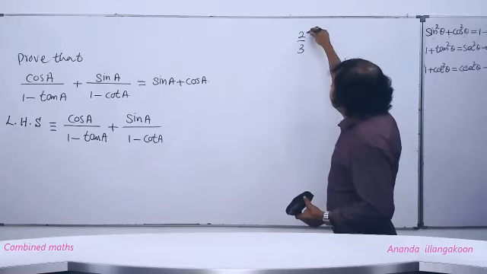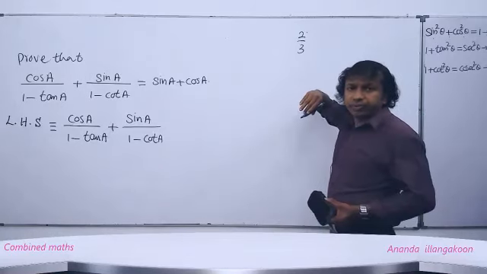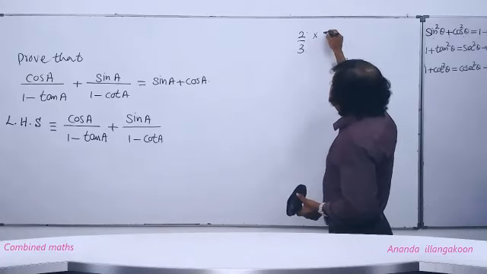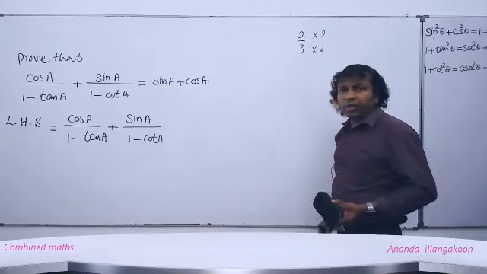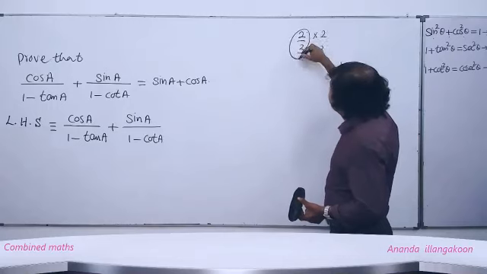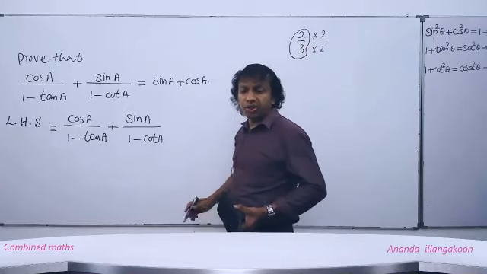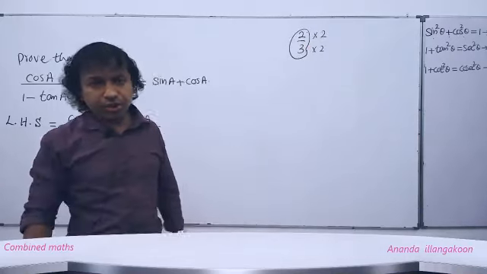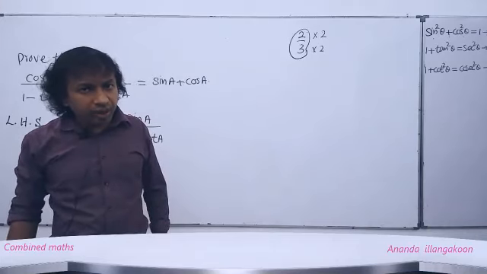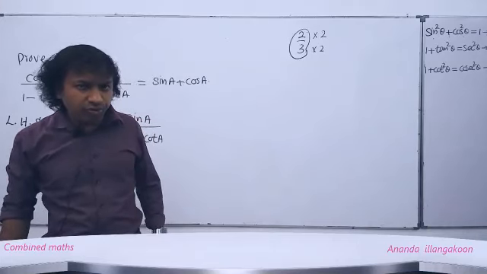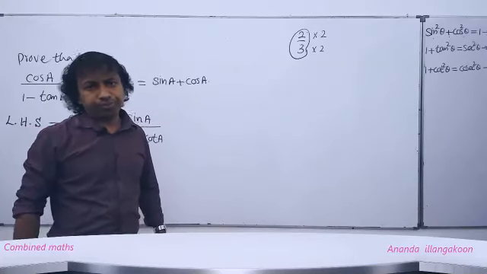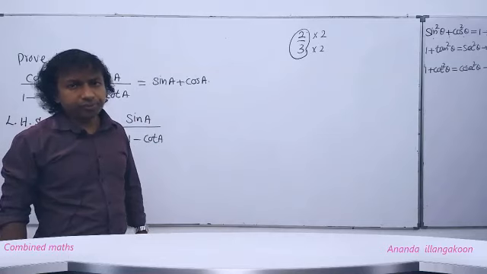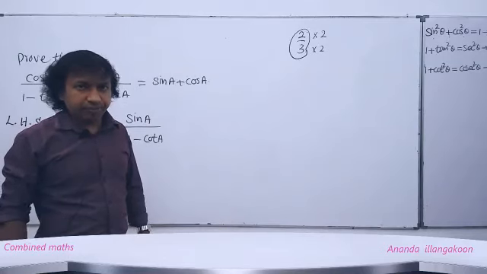The numerator and the denominator of this fraction, we multiply by the same value. Then what happens to this original fraction? Does it change? No, it does not change. Also, dividing both the numerator and denominator of a fraction by the same value, there also the fraction does not change. Okay.